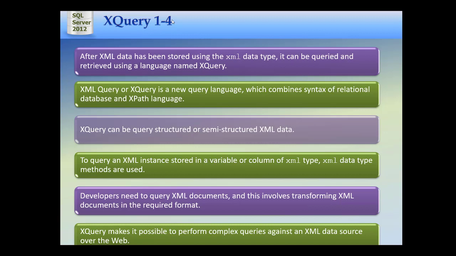To query an XML instance stored in a variable or column of XML type, XML data type methods are used. Developers need to query XML documents, and this involves transforming XML documents in the required format. Now, XQuery makes it possible to perform complex queries against an XML data source over the web.